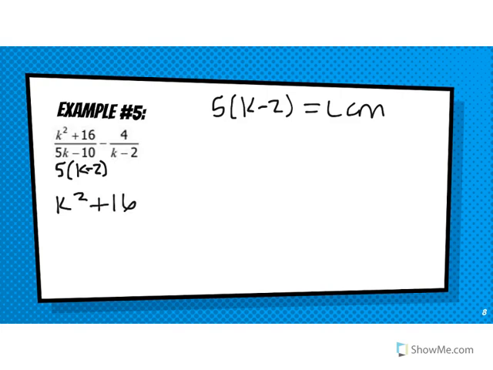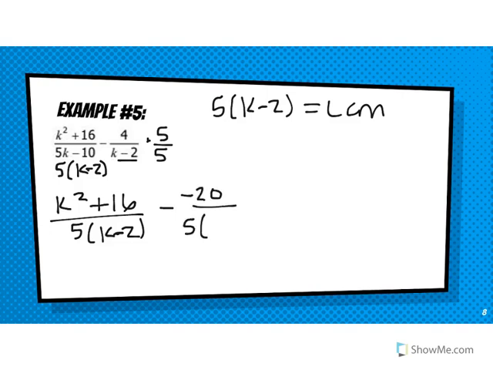So k squared plus 16, and then we have our 5 times k minus 2 down here. However, this fraction here is missing the 5, so we need to multiply that fraction, both the numerator and denominator, by 5. So negative 4 times 5 is a negative 20. And then now we have our 5 times k minus 2 down here.